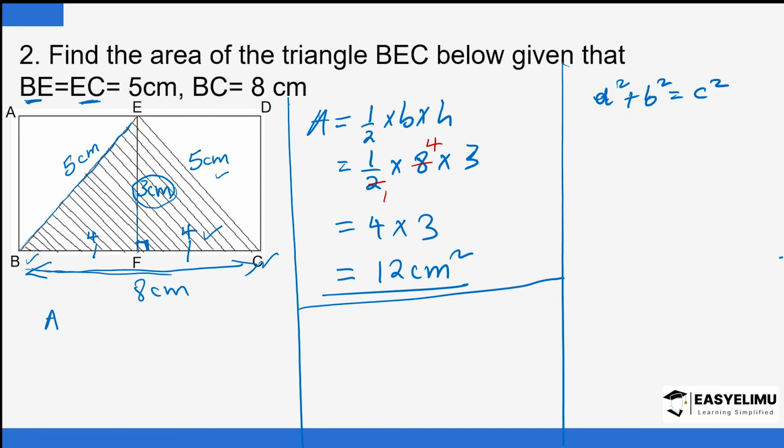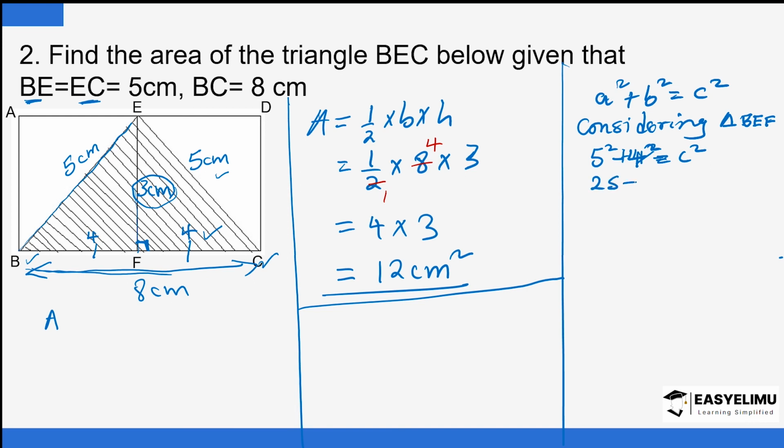So if you consider triangle BEF, then you have 5 squared minus 4 squared, because now 5 is the hypotenuse of that triangle, should be equal to c squared.